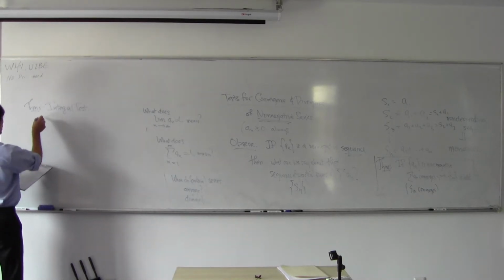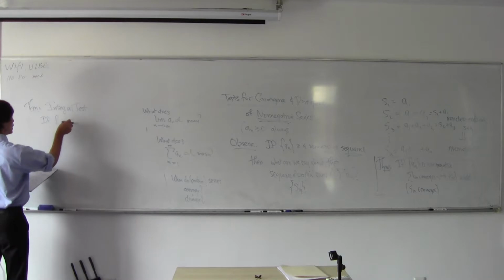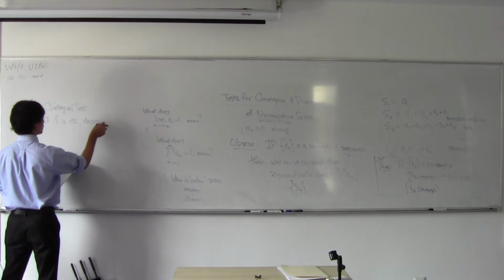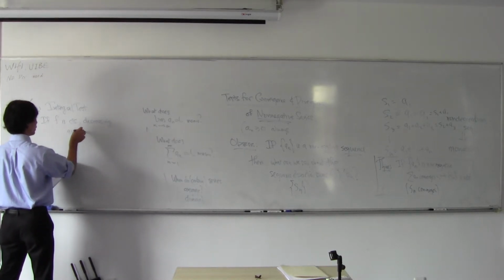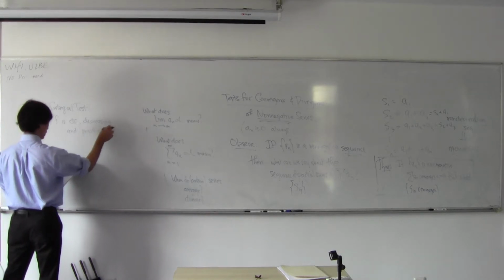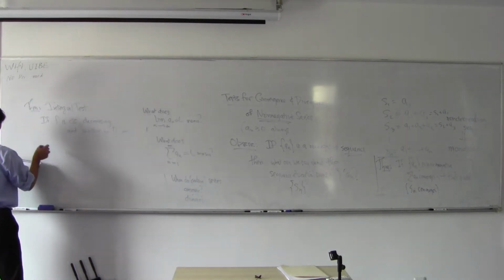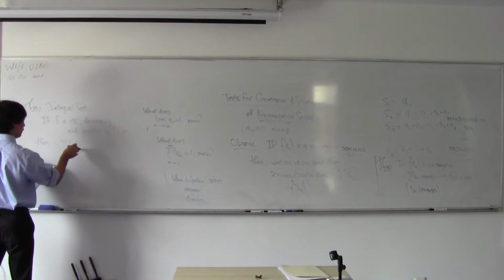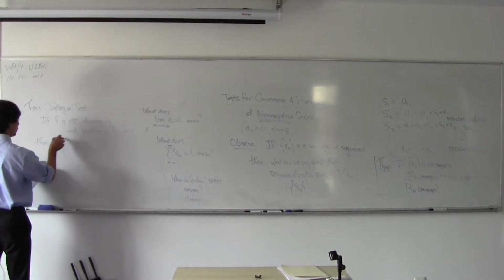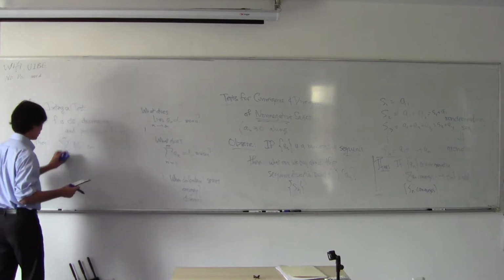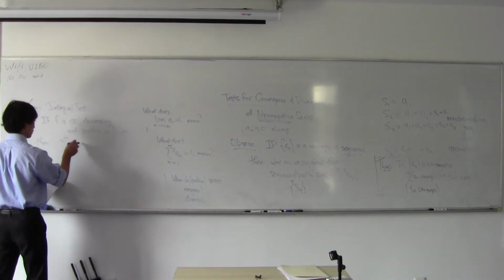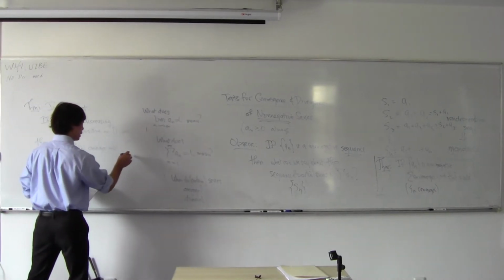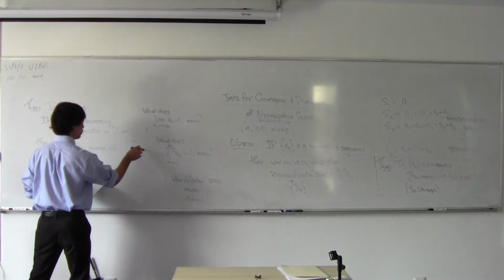So, here's the statement: if f is continuous, decreasing, and positive on [1, infinity), then the infinite series sum of f of k from k equals 1 to infinity converges if and only if the improper integral of f of x dx from 1 to infinity converges.